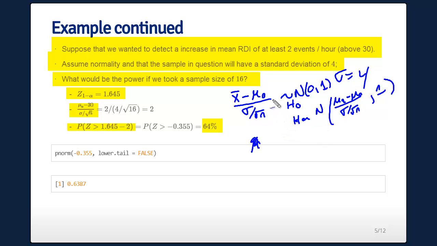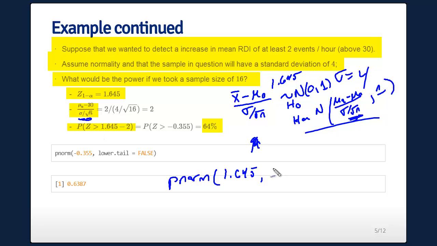So we want the probability that this is bigger than 1.645 under this normal calculation. We would want to do pnorm of 1.645, and then this quantity right here we calculated over here.